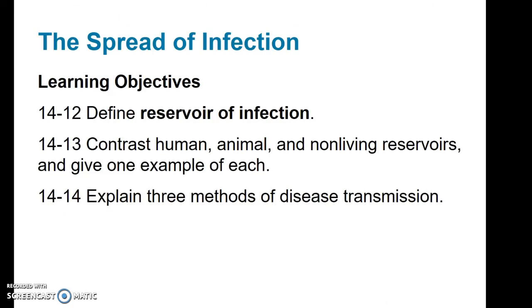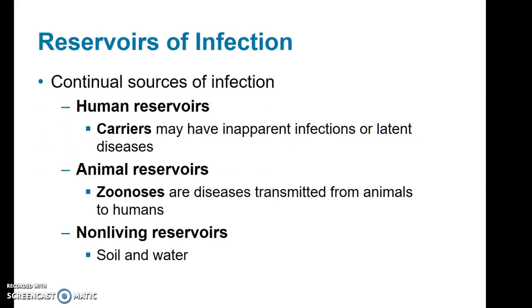Now we're going to talk about how diseases spread. We'll talk about reservoirs for infection, where you can find sources of infections and the different ones. We'll also talk about disease transmission.